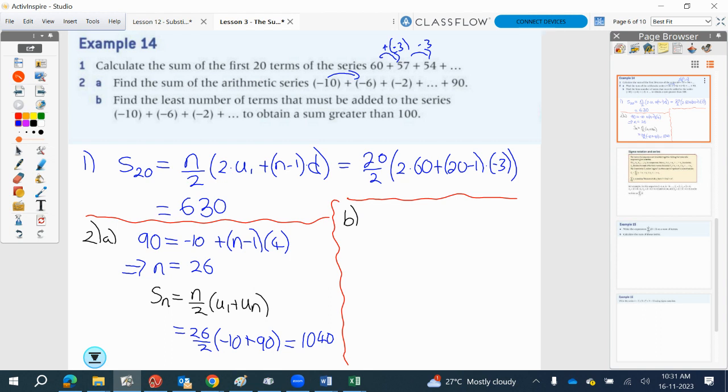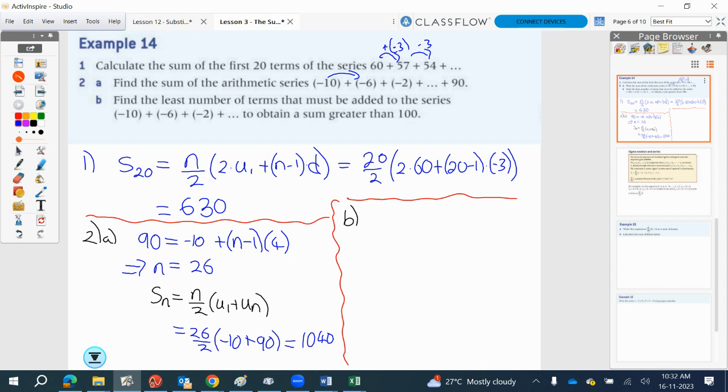Part B. Find the least number of terms that must be added to the series to obtain a sum greater than 100. So when we have 26 terms, we're going to get 1040. So we estimate that the answer is going to be less than 26. We need the sum to be equal to or greater than 100. We don't know what the last term in the sequence will be this time.